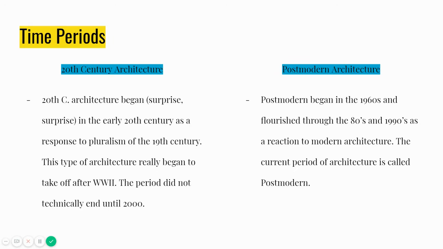And when we were able to revive our society and our economy again, then this 20th century architecture really started to take off. Postmodern architecture is more mid 20th century, around the 1960s, and it really flourished in the 80s and the 90s. And again, this is a reaction to that 20th century architecture.